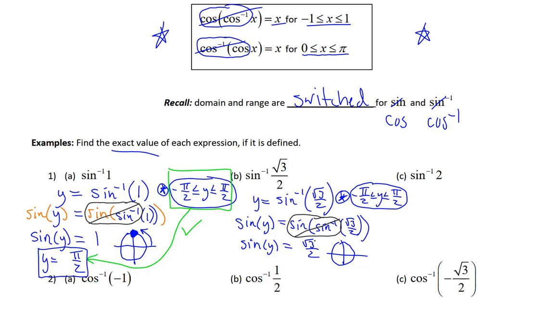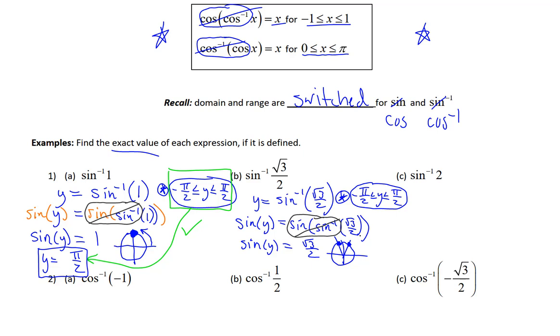And we want positive root 3 over 2. That could happen in a couple places. One would be in the upper right zone, quadrant 1. Another place that sine is positive root 3 over 2 would be the symmetrically same place in quadrant 2, so upper left. Either of those are where sine is positive root 3 over 2 according to our unit circle.